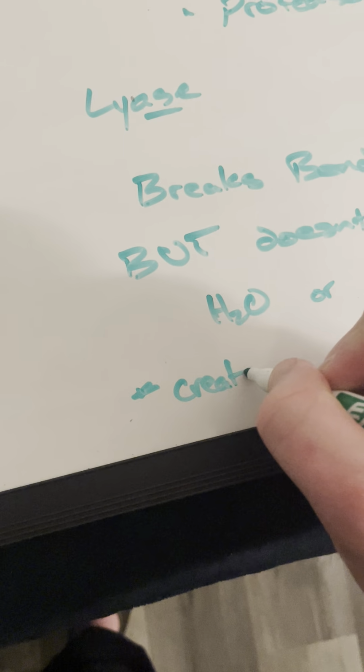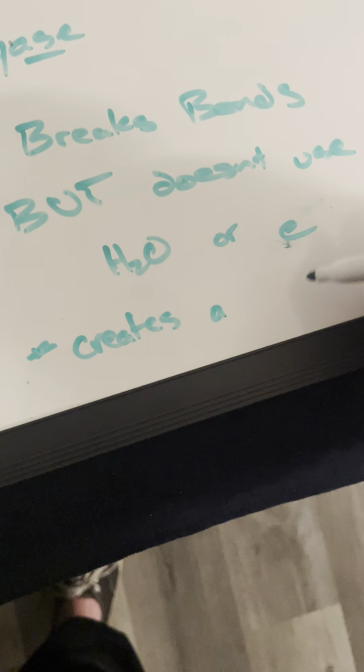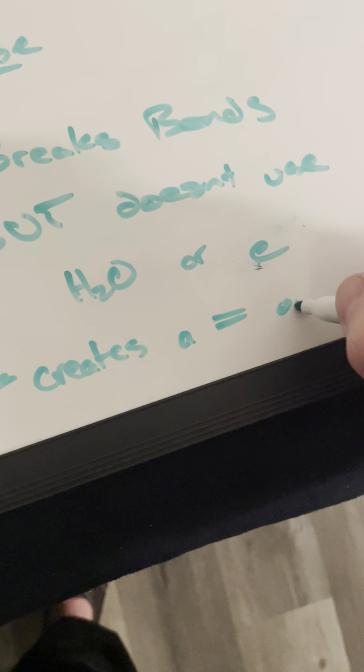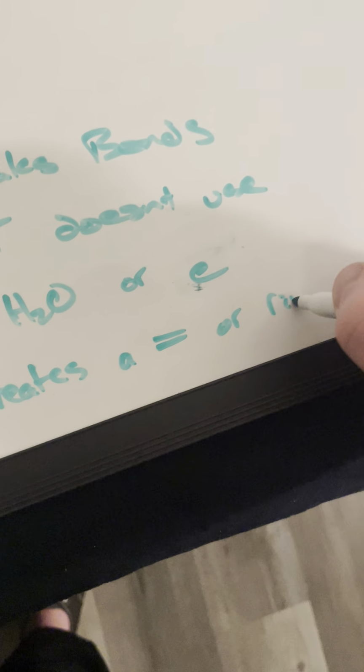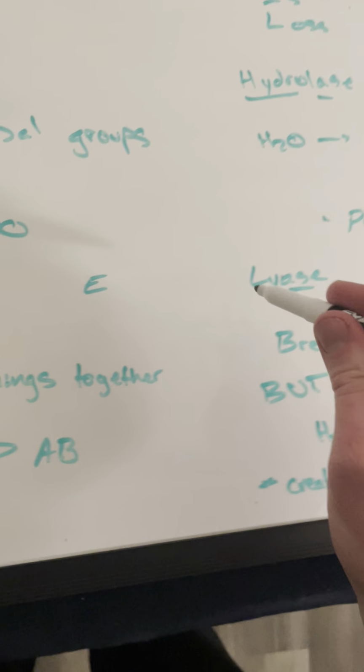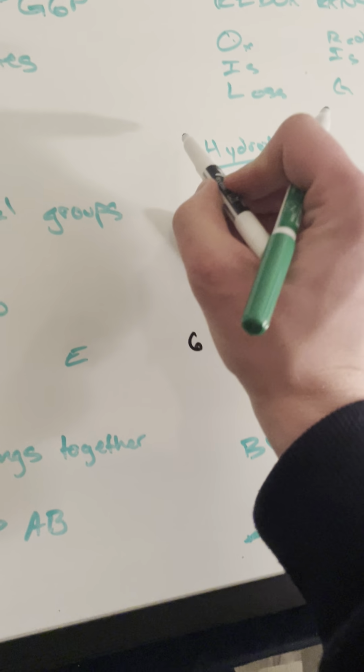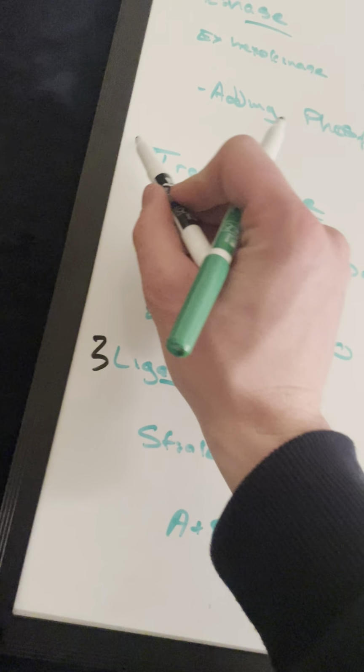It actually creates a double bond or a ring, and then it uses that. But that is going to be all the different types. Can I count backwards? I can. 3, 2, 1. Alright, so we did those.